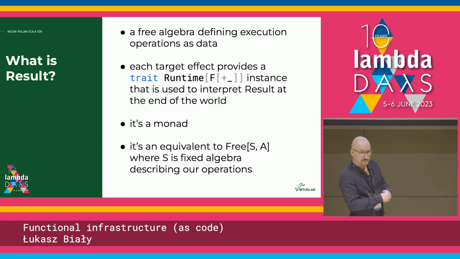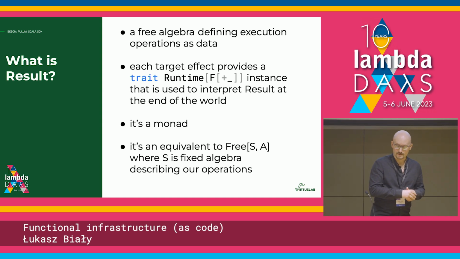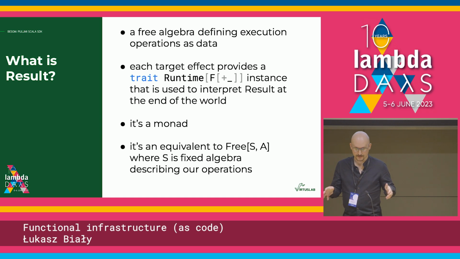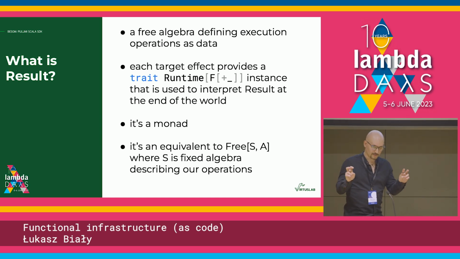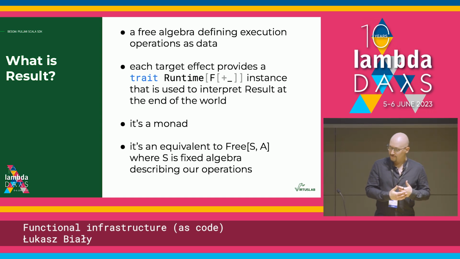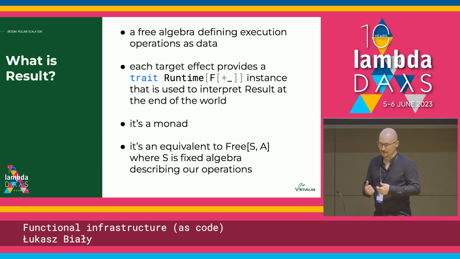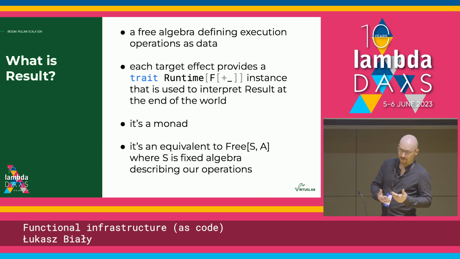So I asked Mateusz Kubuszuk, who sadly isn't in this edition of Lambda Days, to try and explain this in a more formal way. And this is what came out from Mateusz Kubuszuk GPT. So this is a free algebra that defines the execution operations as data.